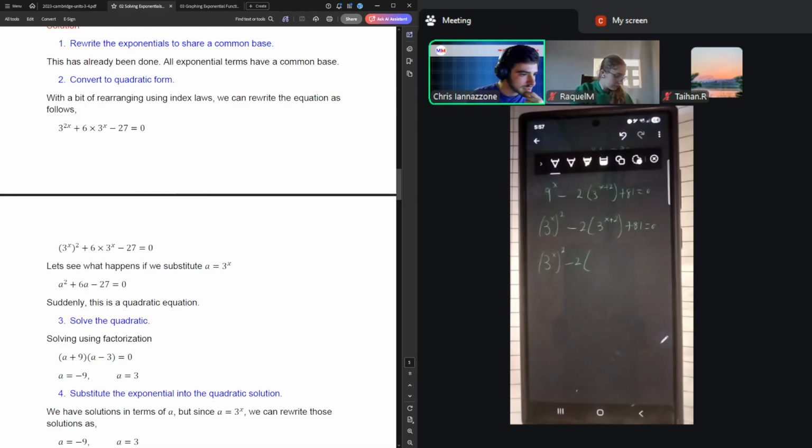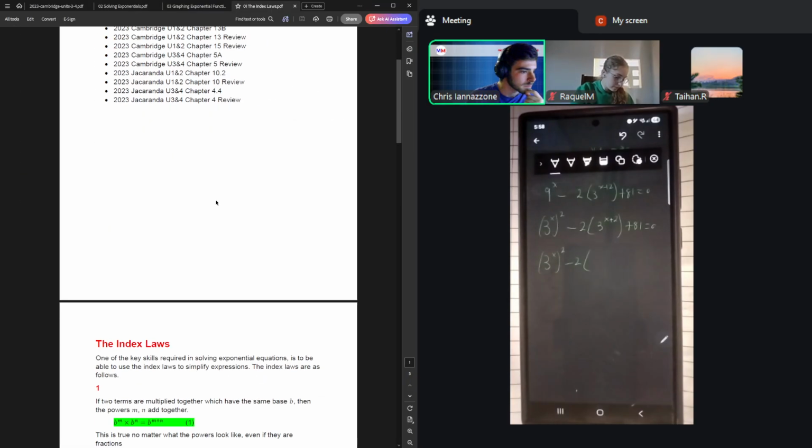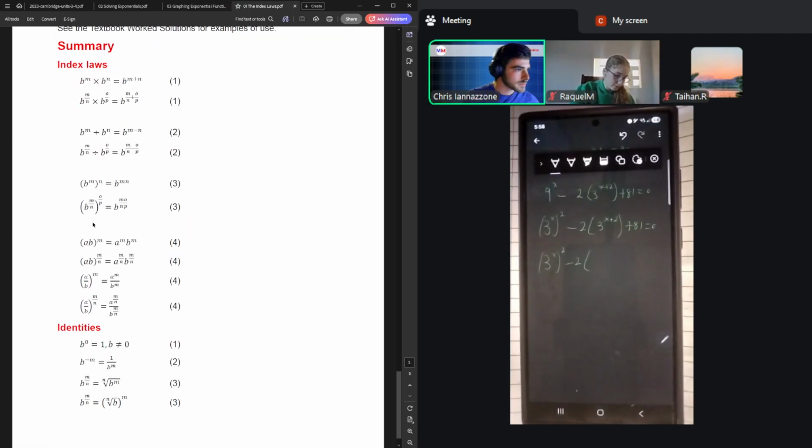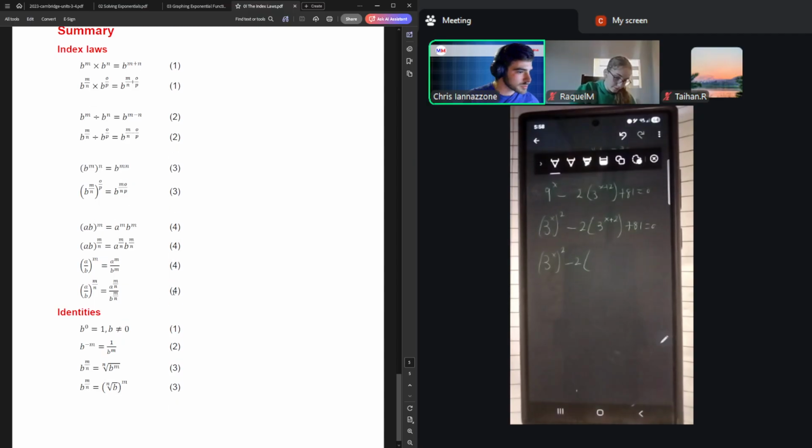Maybe to make life easier, I'll also pull up the notes on index laws so you can see what your options are for simplifying it. Okay, cool. There's a big summary of all your options. It's going to be any of those options 1 through 4.